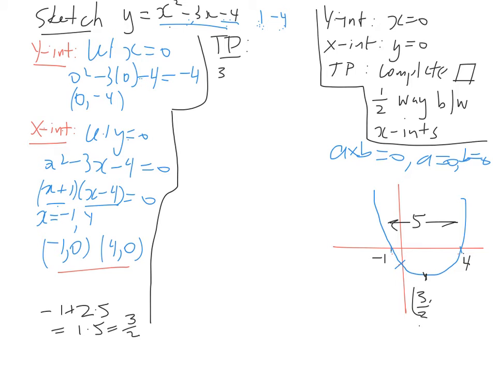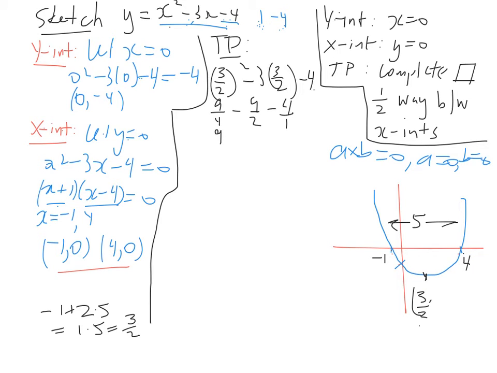So we're going to have (3/2) squared minus 3 times 3 over 2 minus 4. So 3 over 2 all squared is 9 over 4, minus 3 times 3 over 2 is 9 over 2, minus 4. Then we simplify it, write all as fractions out of 4. Now 4 as a whole number is 4 over 1.